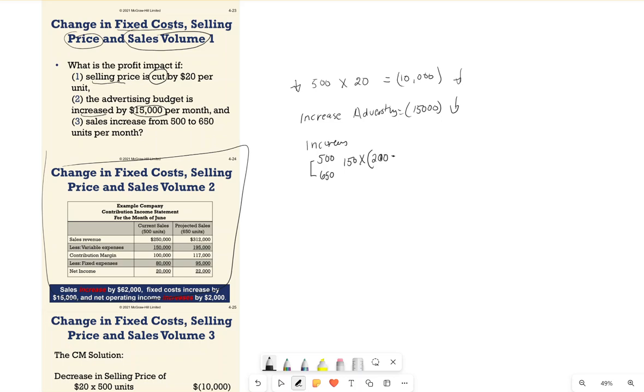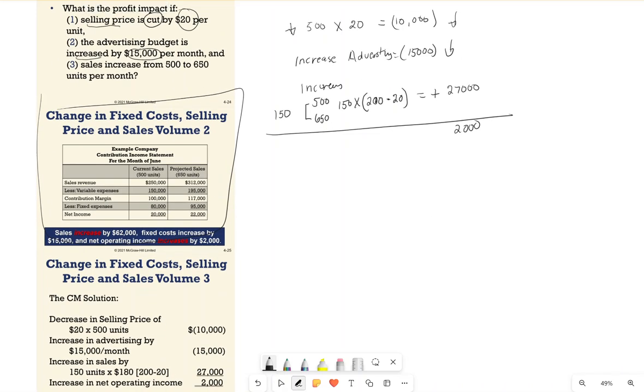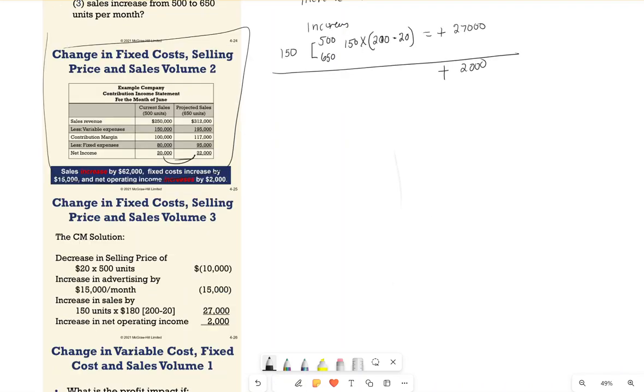Your contribution margin decreases by 20, because the selling price was cut. But there's a positive impact because we sold more units. In this case, it will be a positive impact of 27,000 altogether. The impact on my operating income will be 2,000, and it's a positive. So this is what they did.